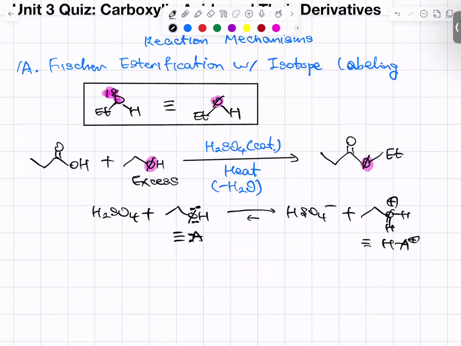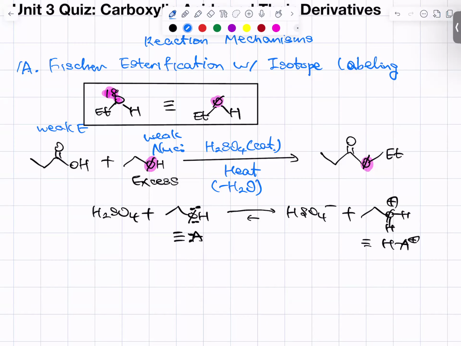When I was grading this, I saw many students make a mistake: without activating the carboxylic acid, they try to do a nucleophilic attack. That cannot work. Remember, our alcohol is a weak nucleophile, and carboxylic acid is also a weak electrophile.